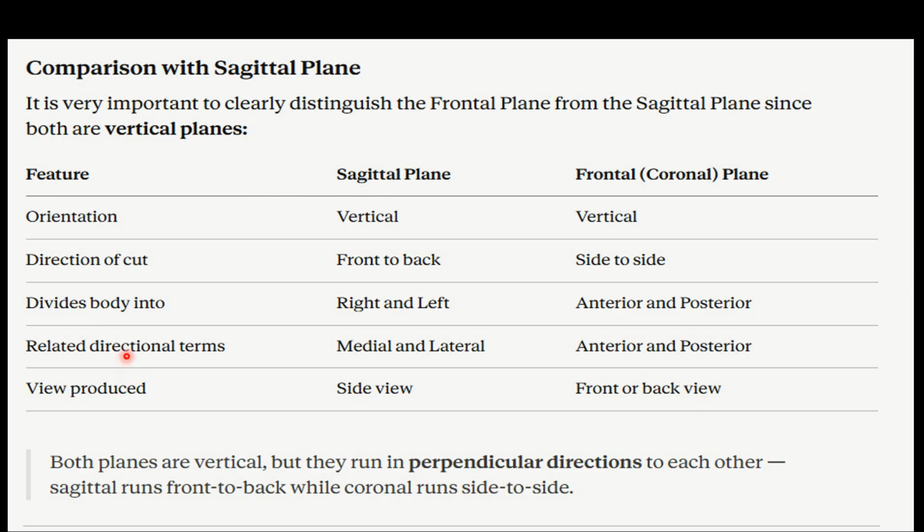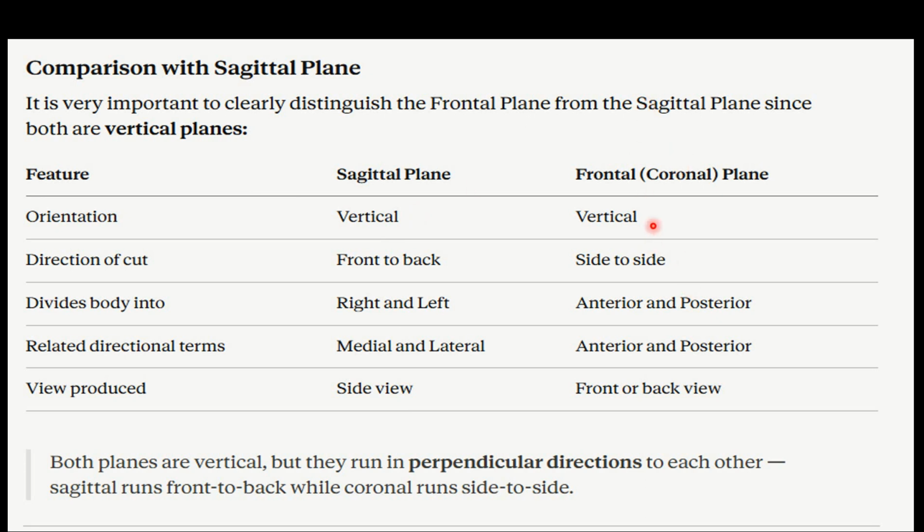If we compare the related directional terms, sagittal plane is related to medial and lateral, whereas frontal is related to anterior and posterior. Now, for which type of examination view is produced? In the sagittal plane we will go for a side view.